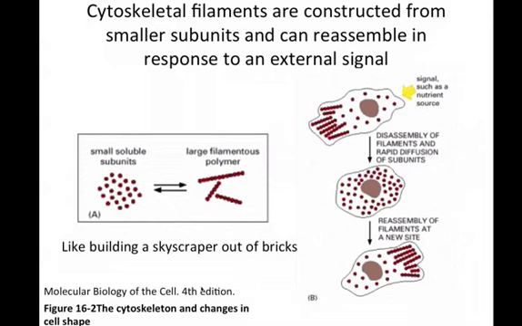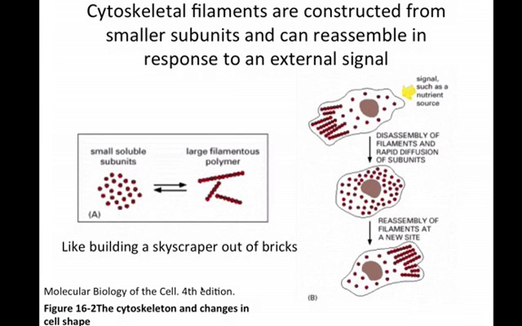So these filaments are made of small subunits that are going to assemble to form these large polymers. Okay? In this example up here, you might have all your actin polymers at this end, but maybe there'll be some kind of signal, such as a nutrient source, and then you'll get this rapid disassembly of your polymer and reassembly at the new site in order to change the direction of the cell.